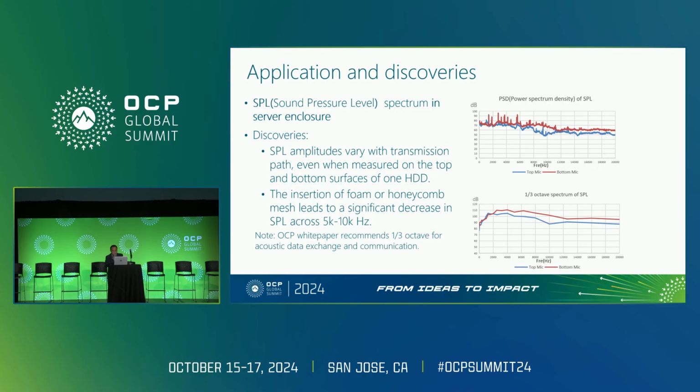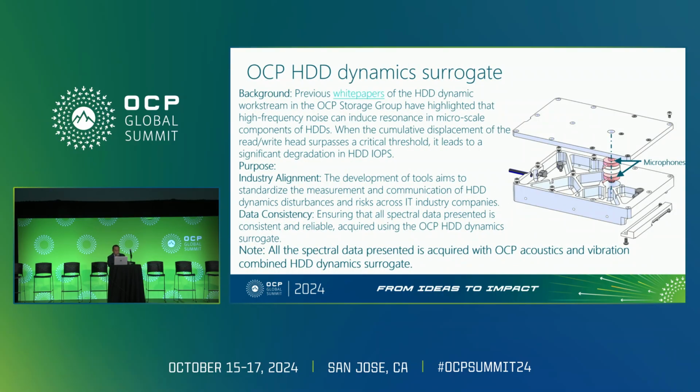The previous white paper of the HDD dynamic workstream in the OCP storage group highlighted that high frequency noise can introduce resonance in micro-scale components of HDD. When the cumulative displacement of the read-write head surpasses a critical threshold, it leads to a significant degradation in HDD IOPS.